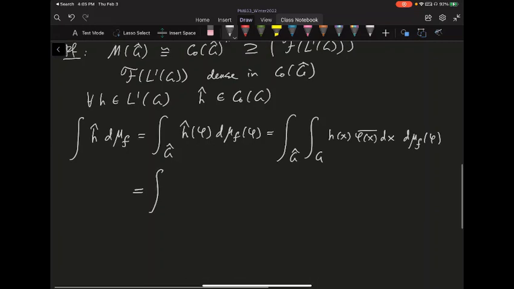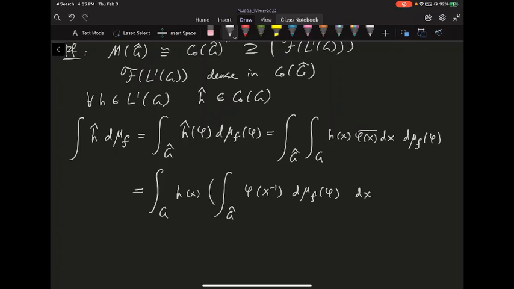So if I integrate over G hat first, I can pull out the h of x, and I integrate against this, let's rewrite the φ x bar as φ evaluated at x inverse. And then I have a dμ_f of φ, all right? I have a dx outside as well.